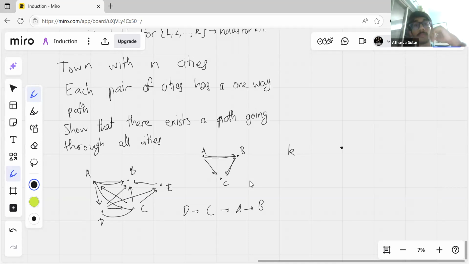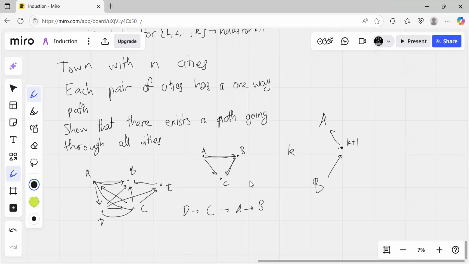So consider all the paths going outwards from this k plus one city, and then consider all the paths going into this city. Now you can split these cities into two groups, group A and group B, such that every city in B has a path going to k plus one, and every city in A has a path coming from k plus one. Do you guys see the idea now?